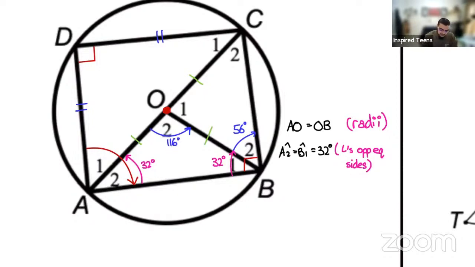Okay, then someone else says we can use this triangle. Okay, and we can also use the radii. So angle C2 is equal to 56. Okay, then someone else says this is great.